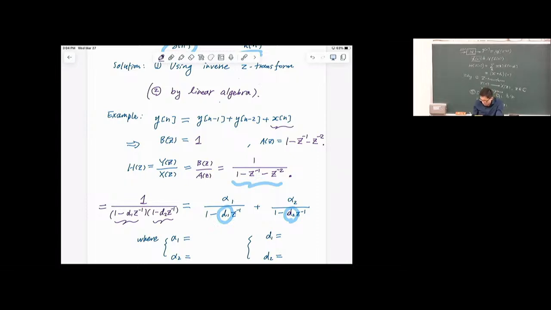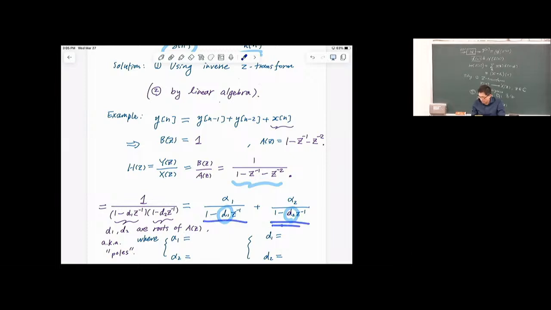But d1 and d2 are the roots of a of z, also called the poles of the system. Now, we find the poles of the system.